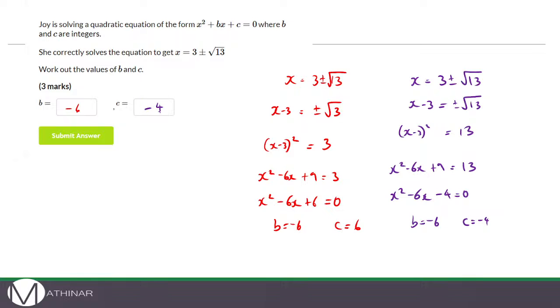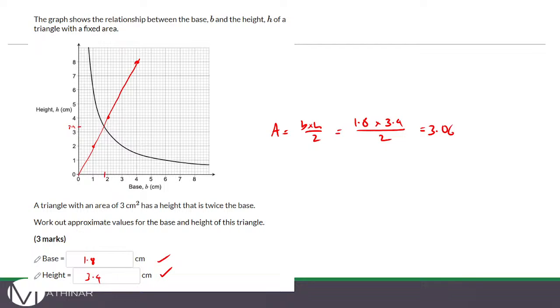Minus 4. Right, so we've just gone through 15 questions in the last sort of 45 minutes, and that's probably about 2/3 to 3/4 of an exam paper.